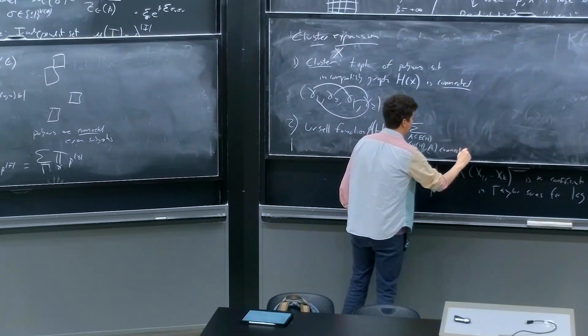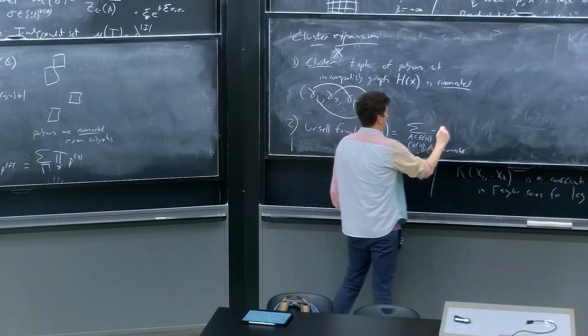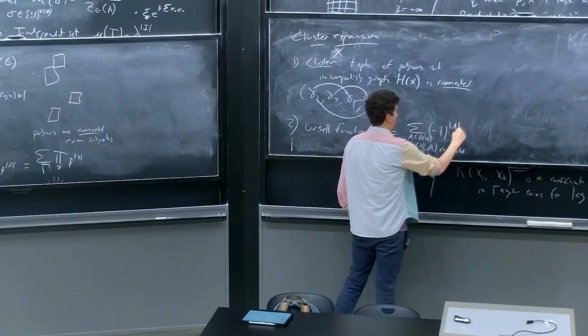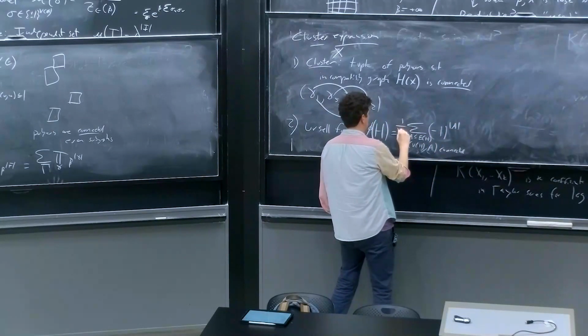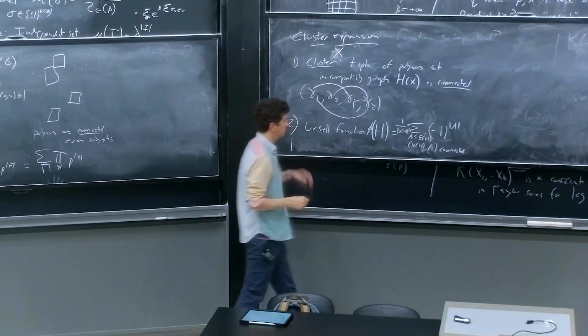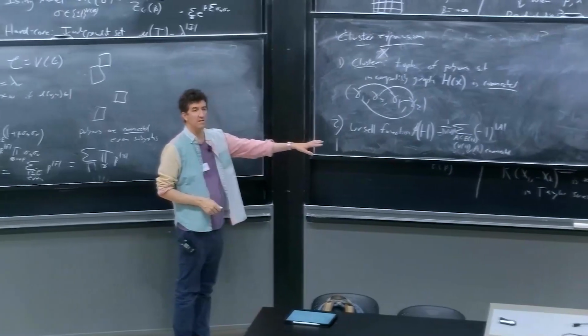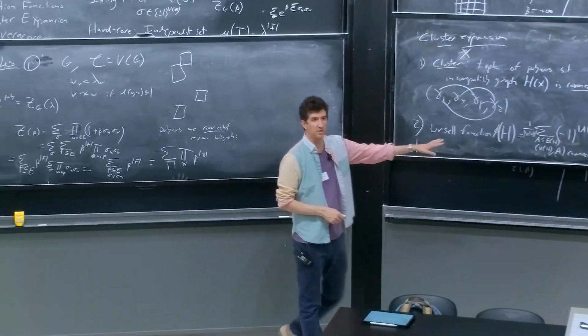So it's connected spanning subgraphs of your graph, minus 1 to the size of A. And I'm going to put a 1 over the factorial of the number of vertices of H here. Okay, so this is some combinatorial function of your graph. It turns out this is an evaluation of the Tutte polynomial of your graph.